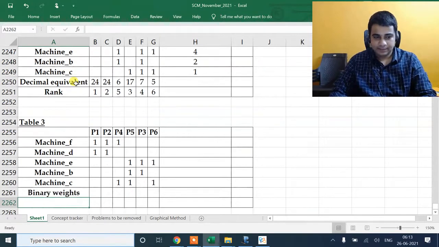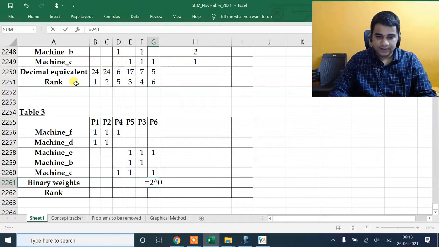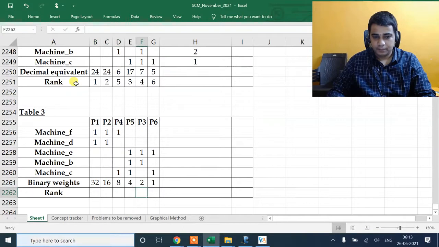Binary weights, rank, 2 power 0, 2 power 1, 1, 2, 4, 8, 16, 32.